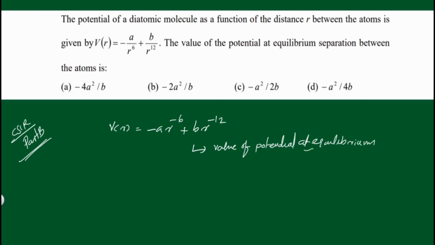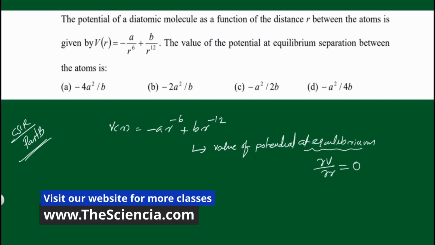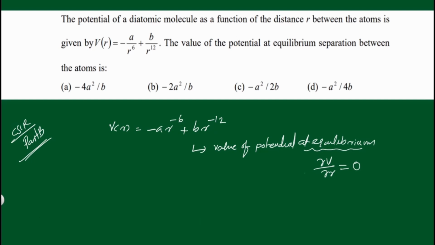We know at equilibrium, the dou V by dou R will be equal to 0. That is, slope will be equal to 0. So by using this condition we can find out the value of R. Then what is dou V of R by dou R? It is equal to 6A R raised to minus 7 minus 12B R raised to minus 13.